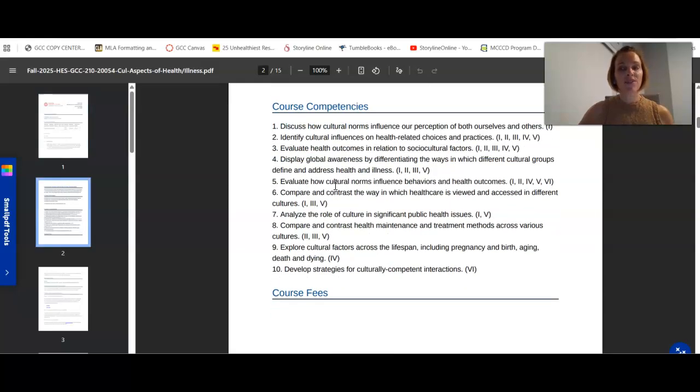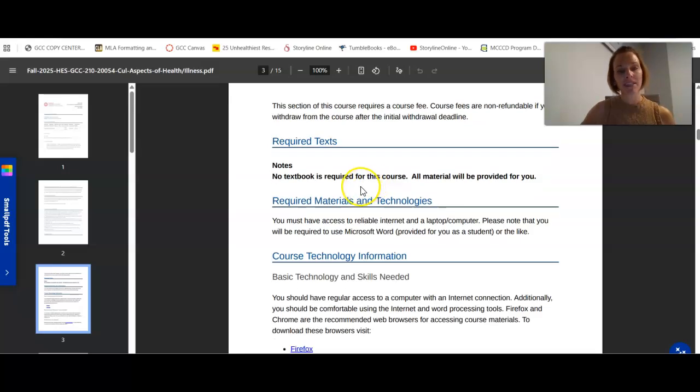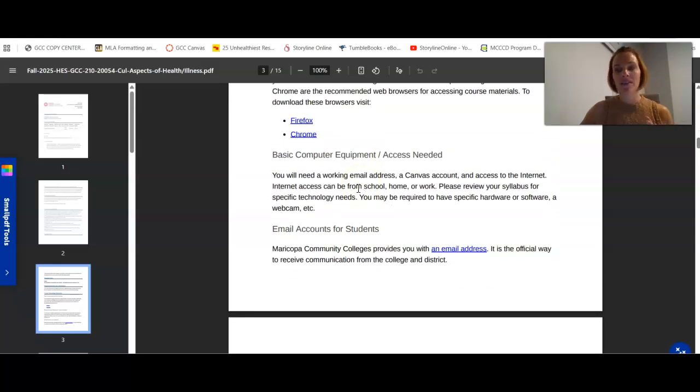If you're having trouble with internet or your computer, things like that, please use the resources at GCC Main or GCC North to help you out so you do not get behind in this course, because I do not accept late work. Late work is not accepted because of the fast-paced nature of this course.